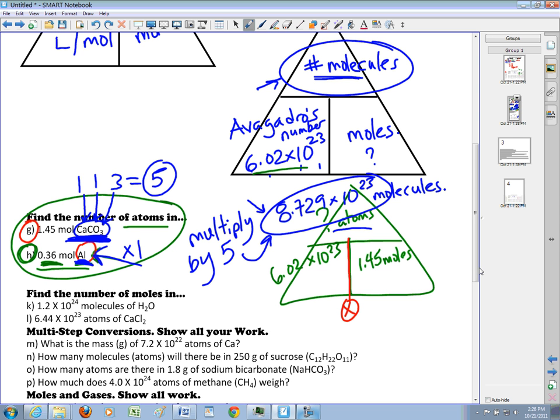So I'm going to press times 5. And my final answer that I get is 4.3645 times 10 to the 24th atoms in calcium carbonate.